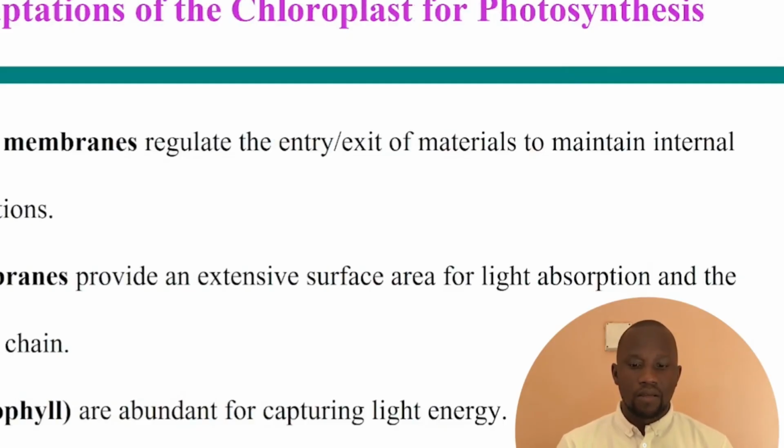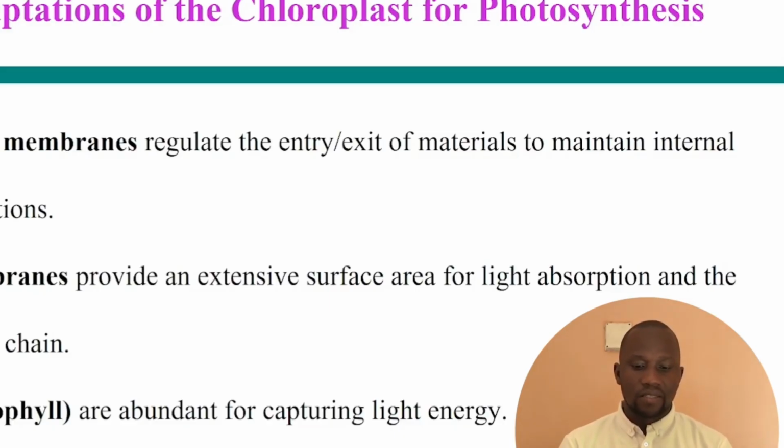So how is the chloroplast adapted for photosynthesis? It has a semi-permeable membrane. That means that it can control what enters and what gets out of it. Okay, and this is very important, regulating what happens inside the chloroplast.